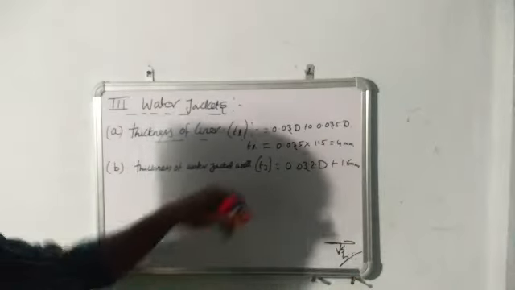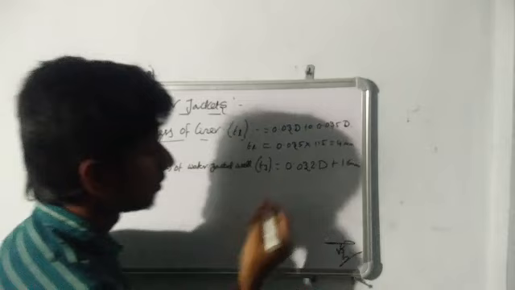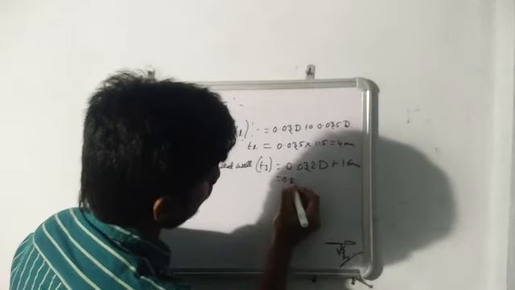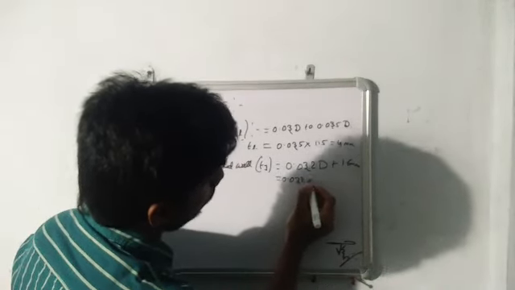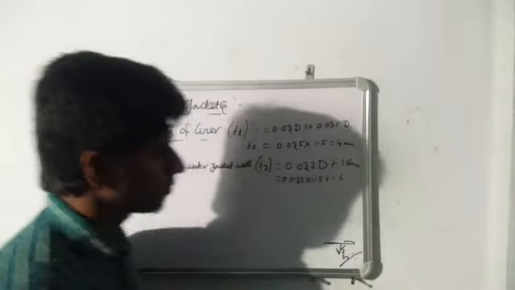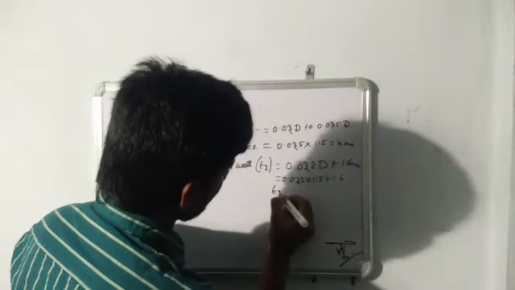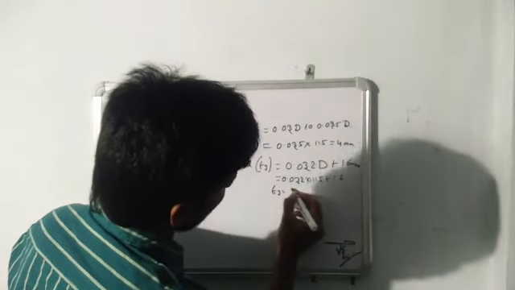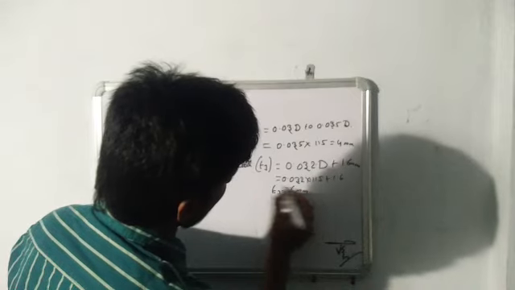By doing this, we get the thickness of water jacket wall, equal to 0.032 into 115 plus 1.6. By simplifying this, Tj is approximately 6 mm.